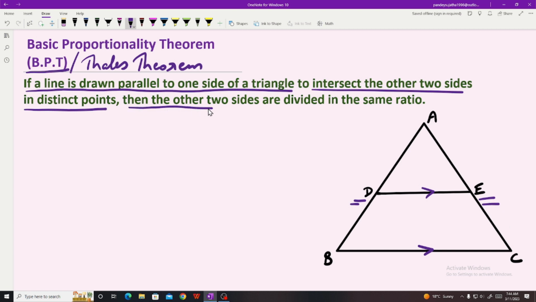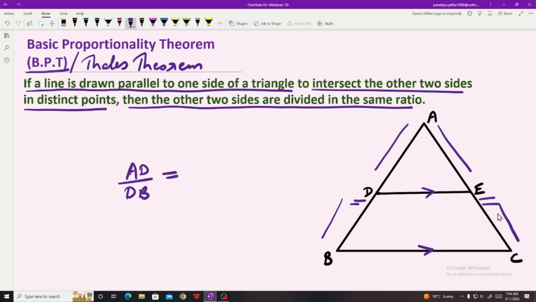Then the other two sides are divided in the same ratio. So the sides AB and AC are divided in the same ratio. That means AD upon DB will be equal to AE upon EC.